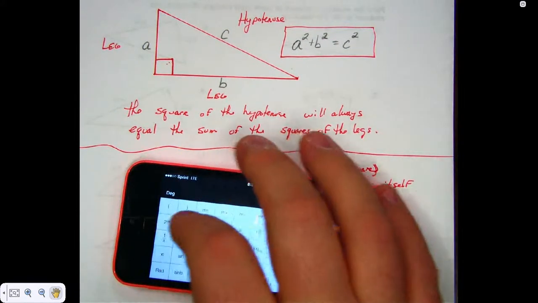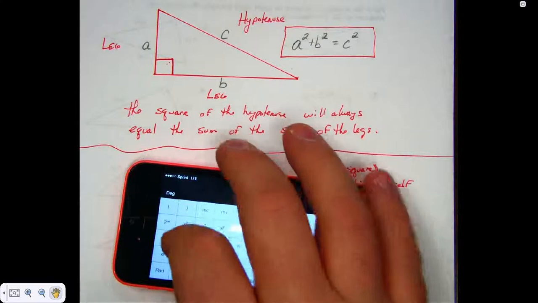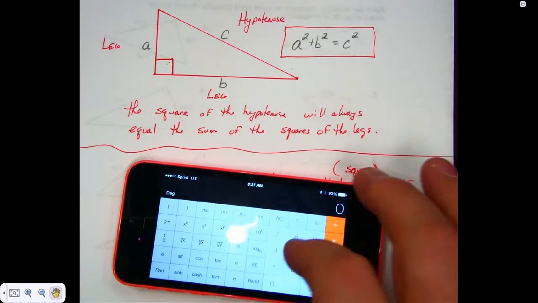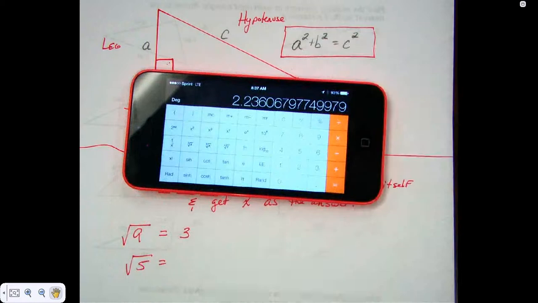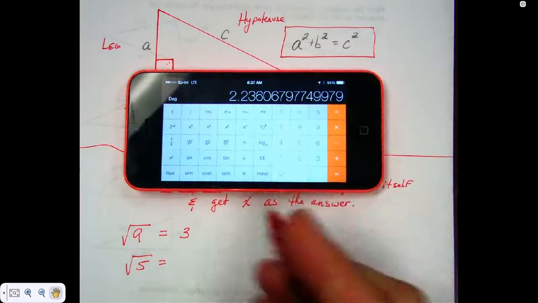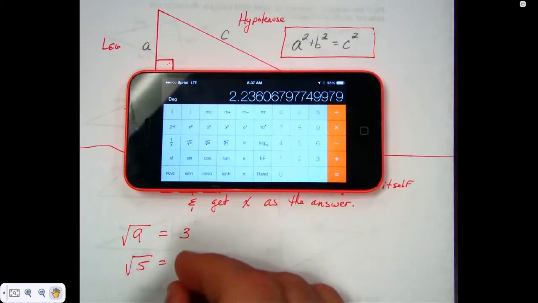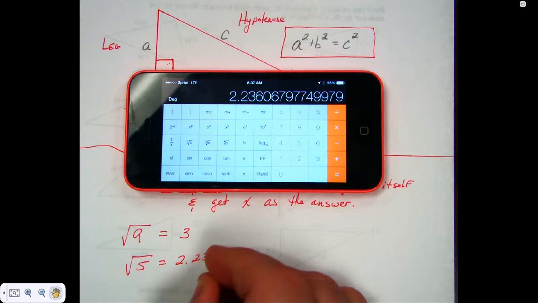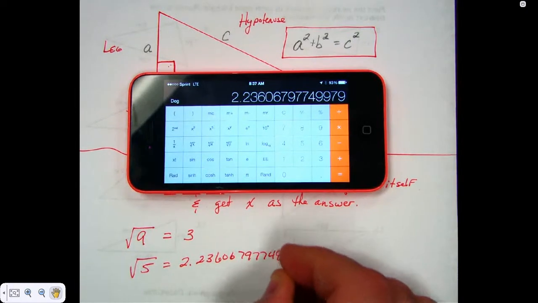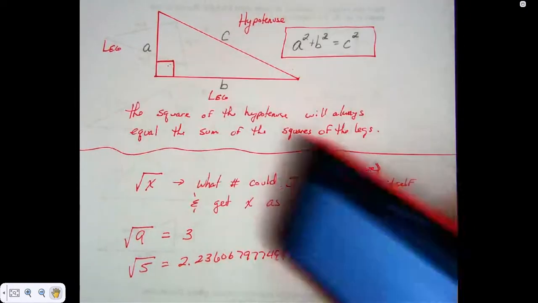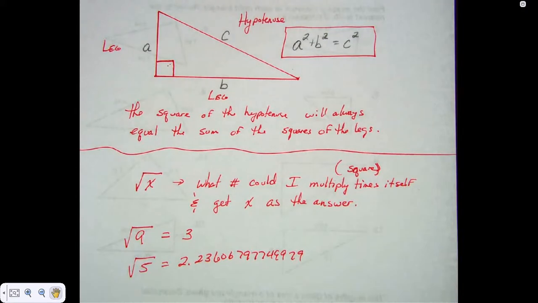No, you gotta press the number first. On an iPhone. 2.236067797749979. Here you go. I can use mine the rest of the way. Which one is it? The one with the 2 on it. Yeah. The other one's the cube root. What is it?